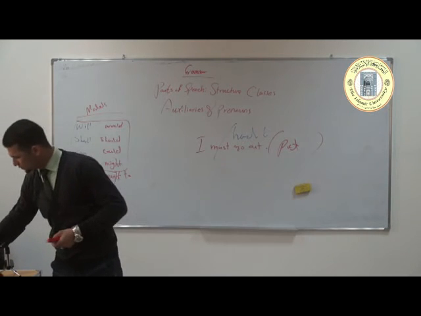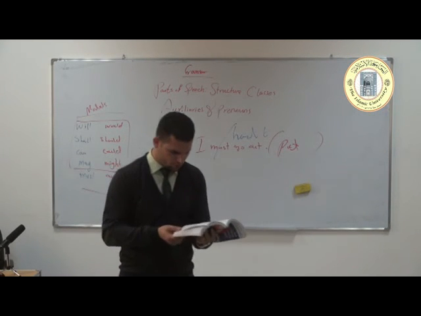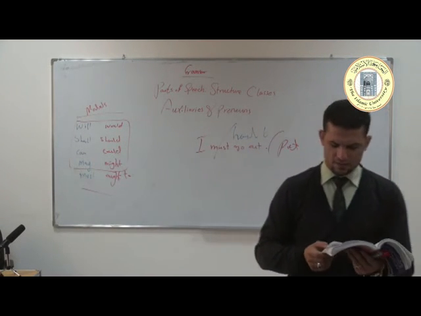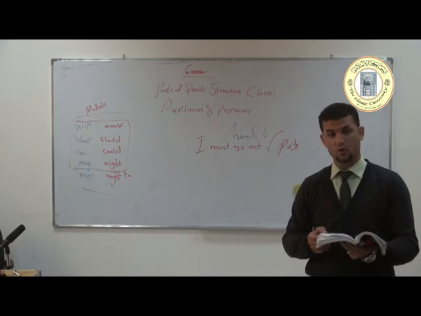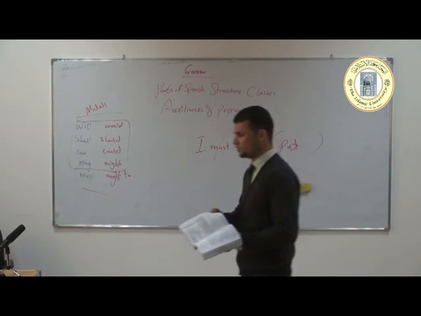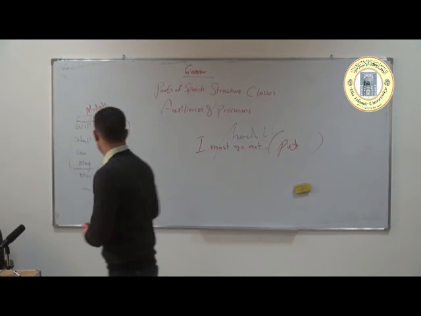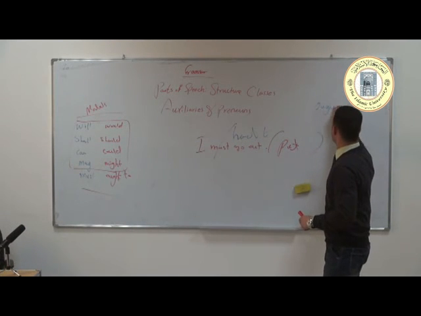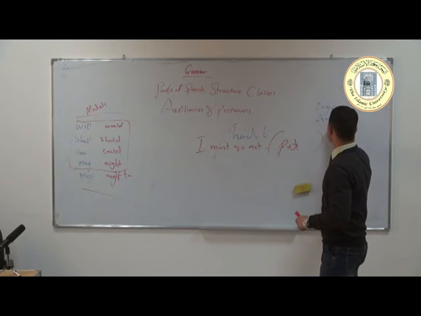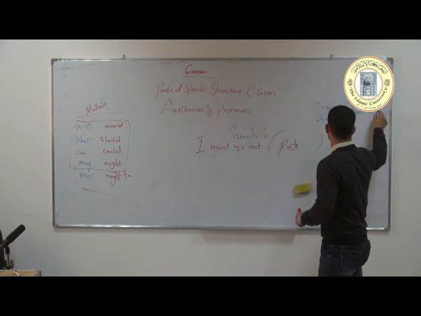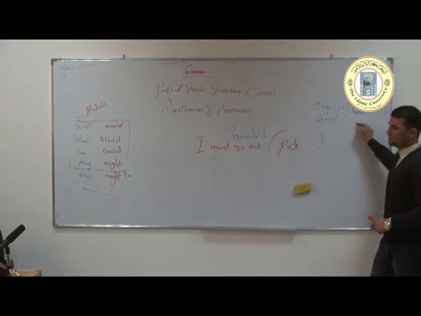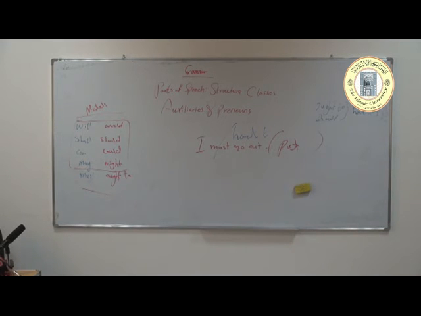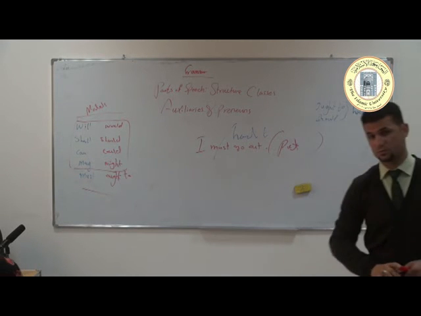What about ought to? With ought to, the past is ought to have plus past participle, or should have plus past participle. You can use this construction to express the past of ought to.